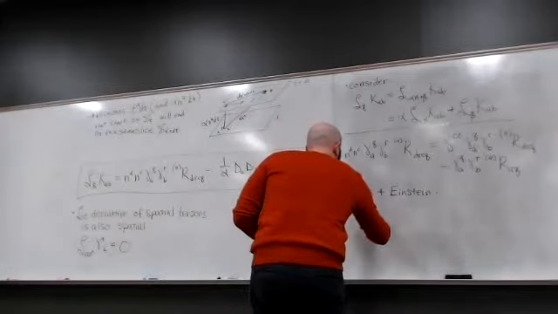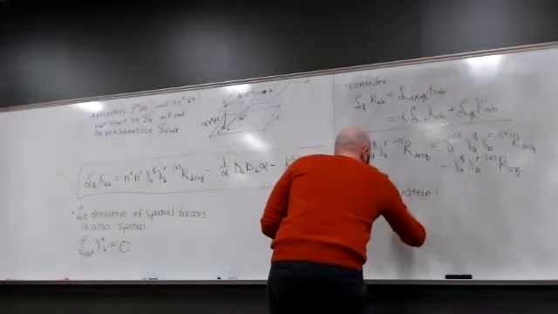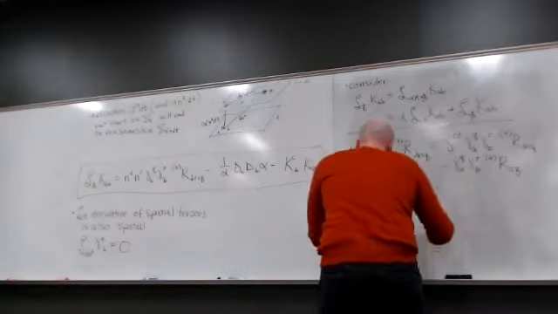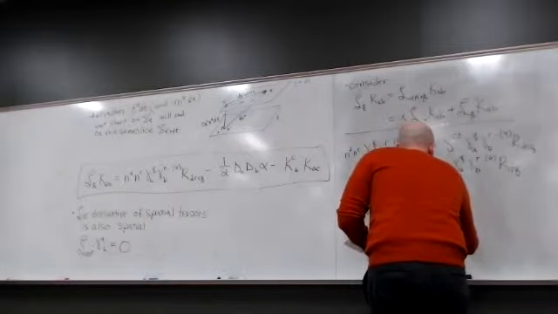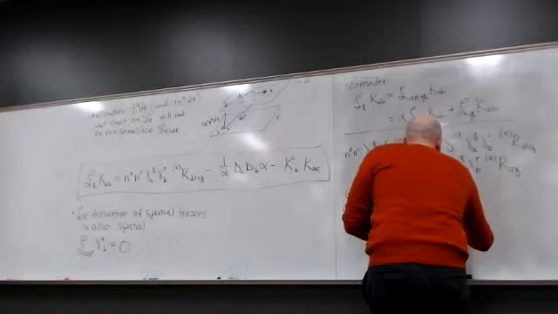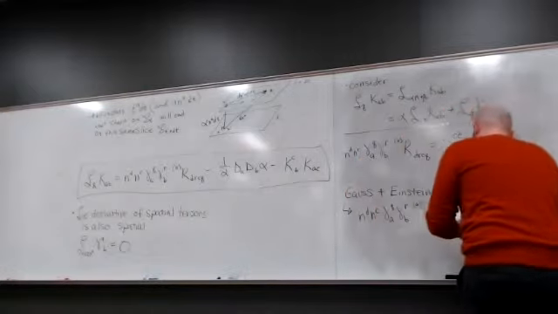That's going to be ND, NC, gamma AQ, gamma BR, projection of the 4D Riemann tensor DRCQ is going to be equal to RAB, the Ricci tensor.